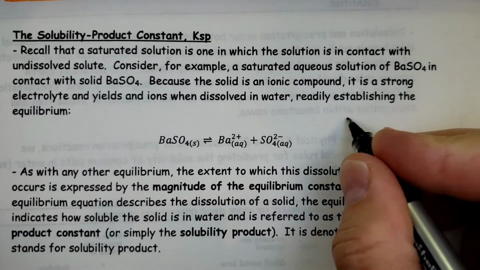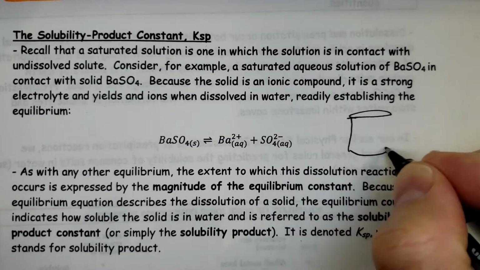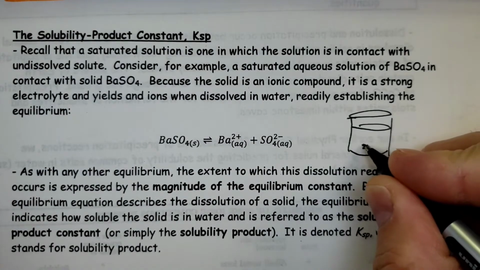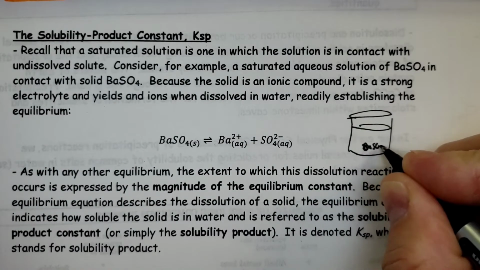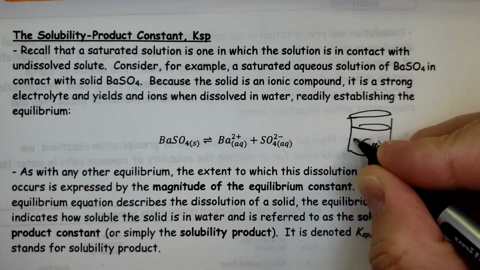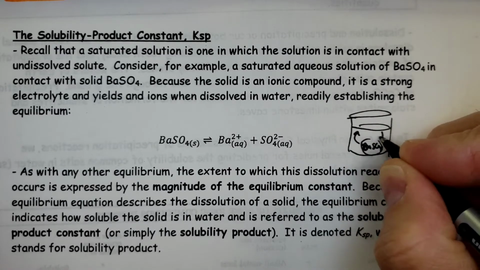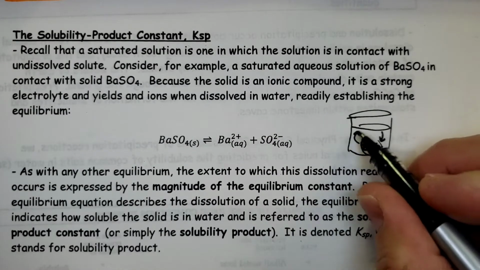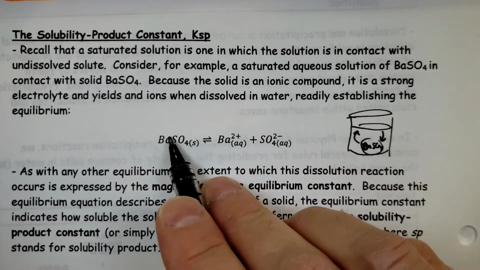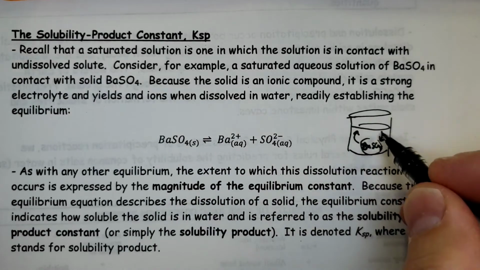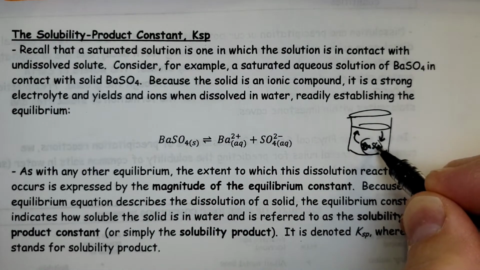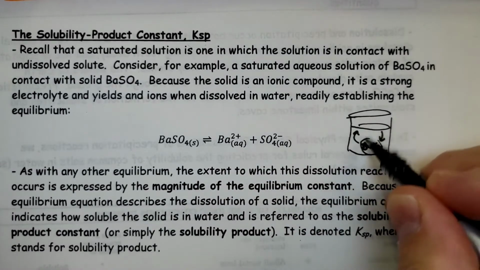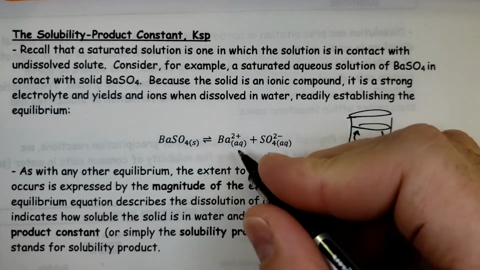So if we imagine this, if we had a beaker here with water, and if we had some barium sulfate on the bottom, solid, of course some of it would dissolve and some of it would recrystallize. So here you have the equilibrium. Solid going to ions, and then ions coming into contact with the solid and forming solid again. So that is this direction. So this equilibrium is established like that.